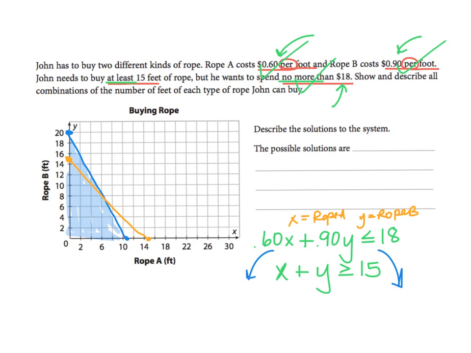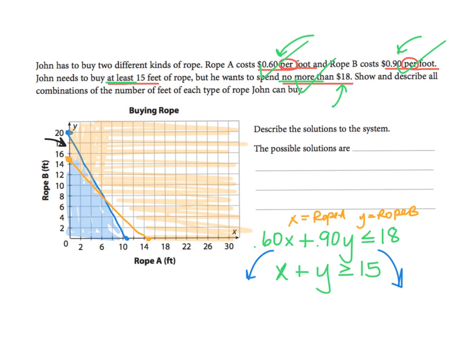And this one says greater than or equal to, so we're going to shade above, which is really going to get me this whole section out here. And what I'm looking for are possible solutions. So remember, we're looking for the overlap. This solution area is going to be this skinny little area right here. And I just want to name one.